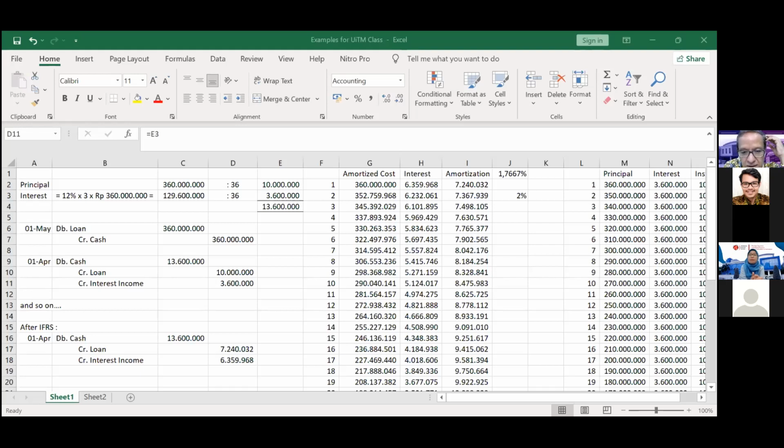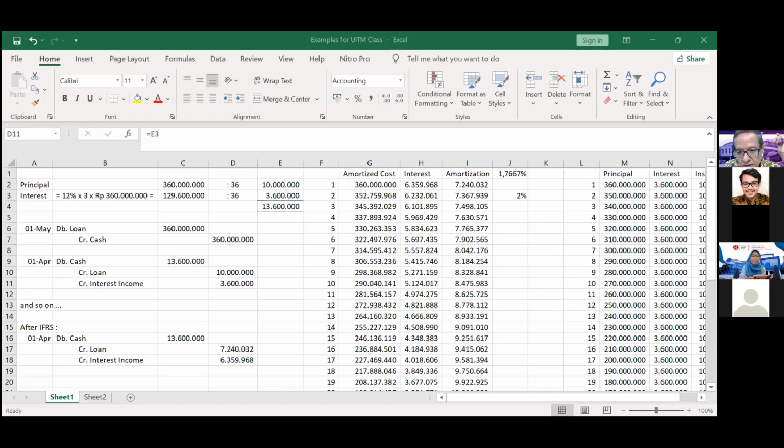The interest is 5% flat, so 25% flat for 5 years, right? 25% and 100 million, it becomes 125 million divided by 5. You get 25 million. So the exposure at default will be like this.